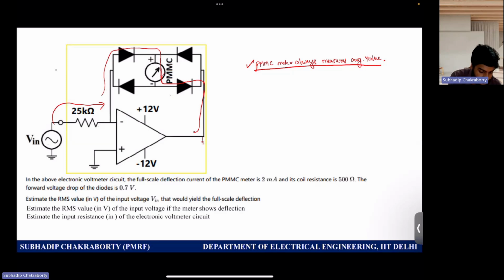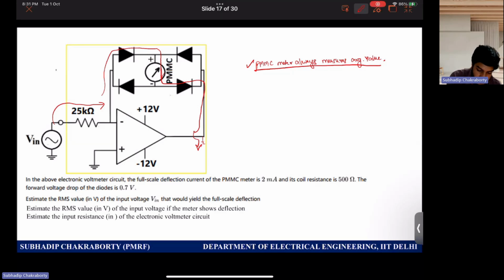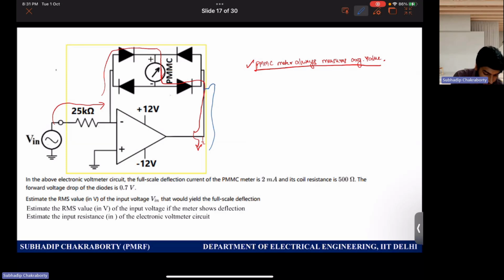Obviously, if you have some grounding arrangements, it will pass on. And I may use another color. And during the negative half cycle, it will again return. So what will the path be? It will return through this path.